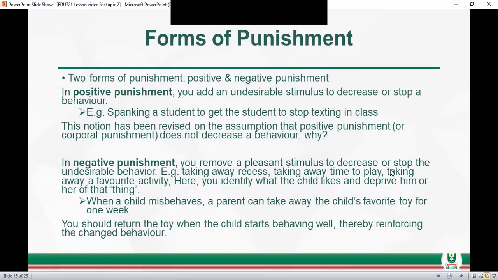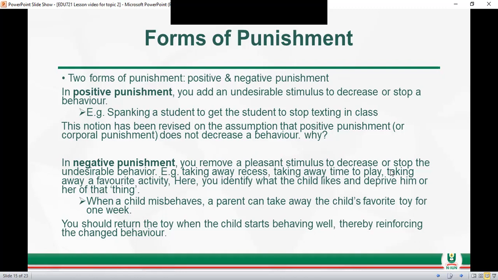E.g., spanking a student to get the student to stop testing in class. That spanking is a positive punishment. In this case, an unpleasant stimulus, that is the spanking, is added in order to decrease a bad behavior. That is the testing in class.